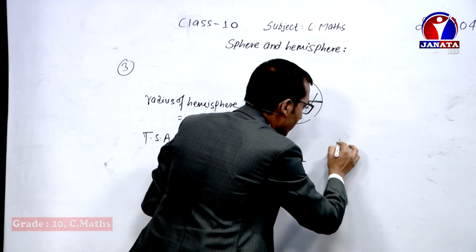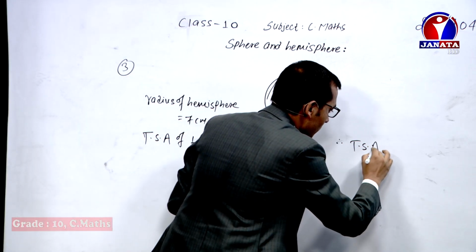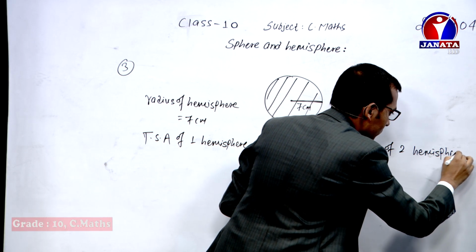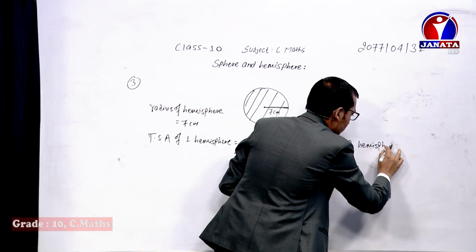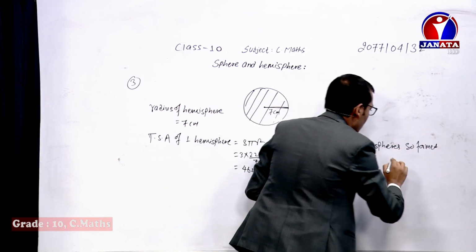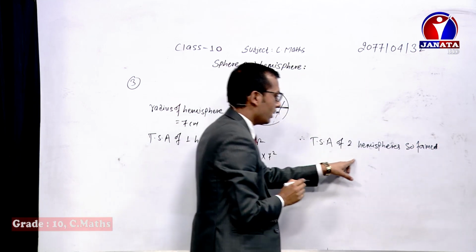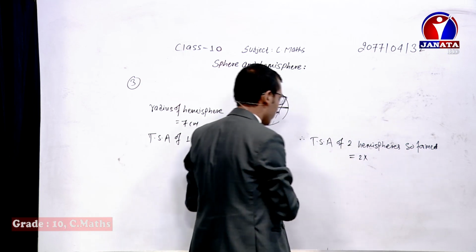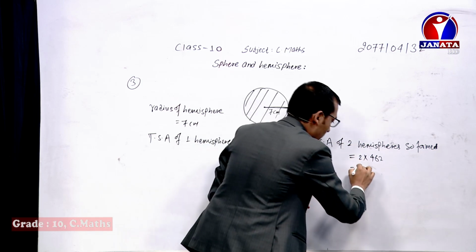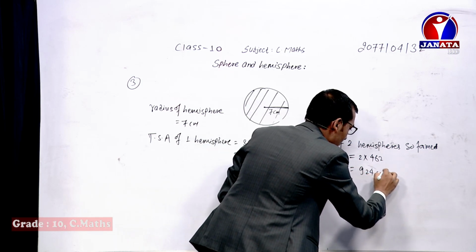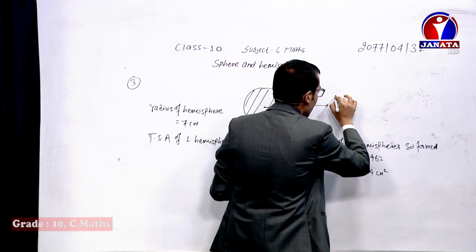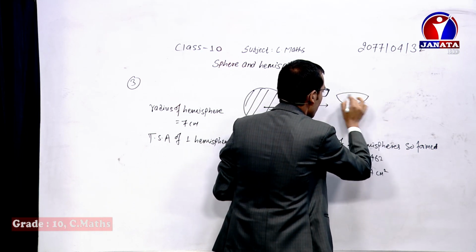Therefore the total surface area of the two hemispheres so formed is twice the total surface area of one hemisphere, 462. So this is 924 square centimeter.